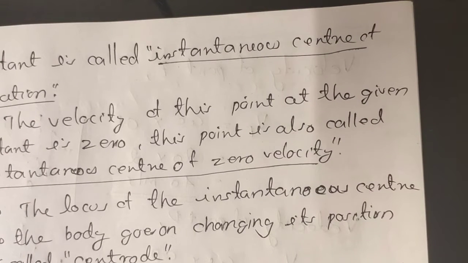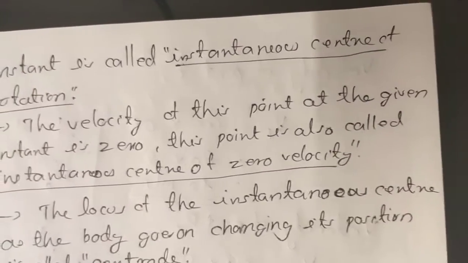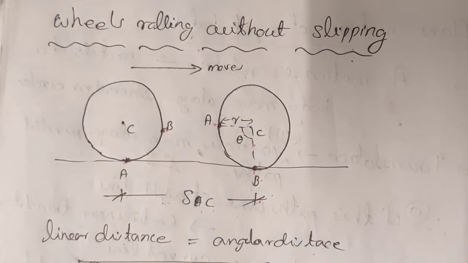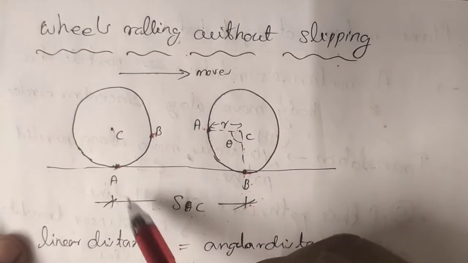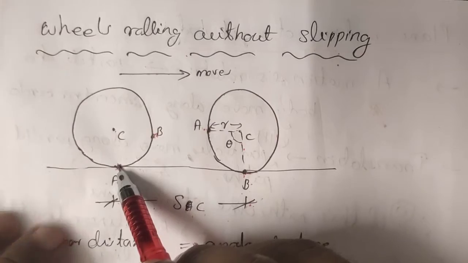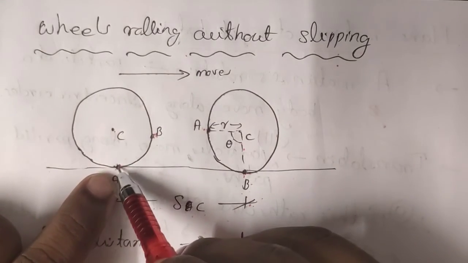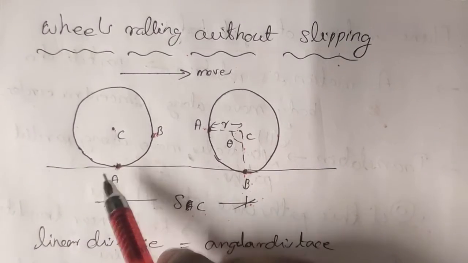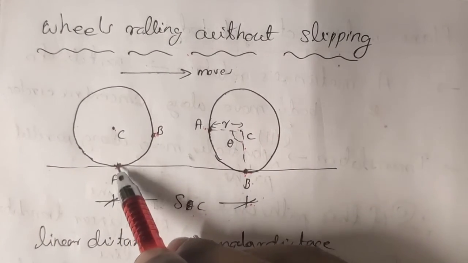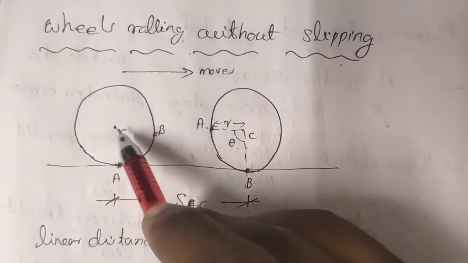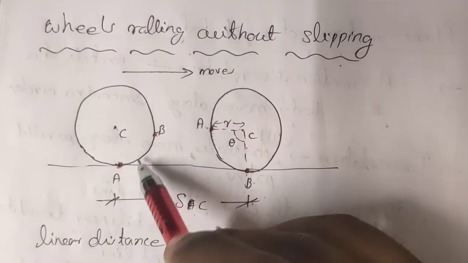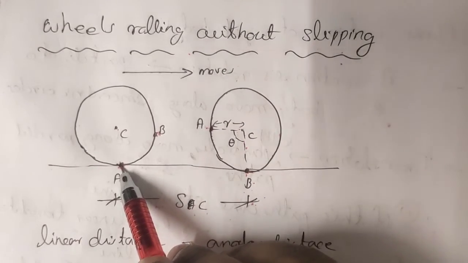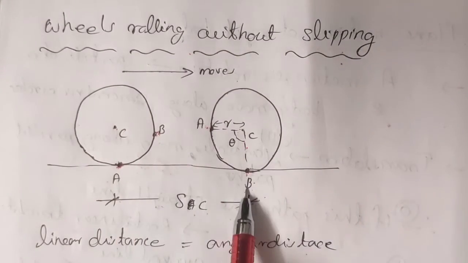How can we say what is instant? Did you understand this thing? We can solve the previous problem to explain it. If we are considering this body, this is the instantaneous center for it, because this body is rotating about this point at that instant, and then moves to the next point.